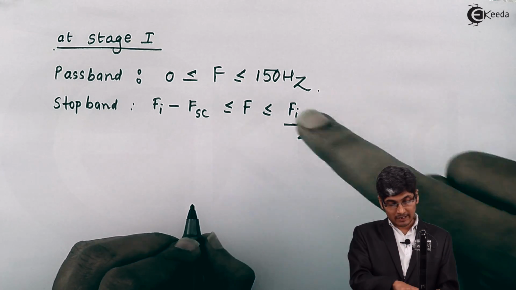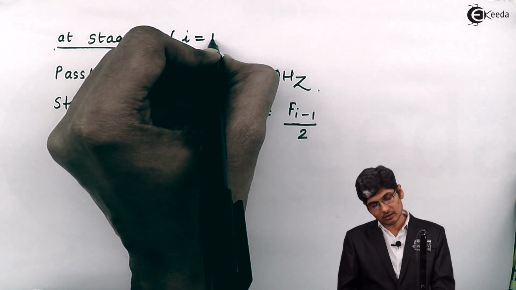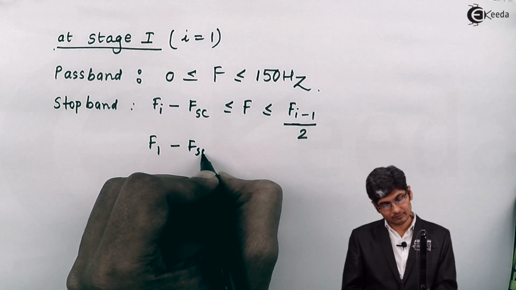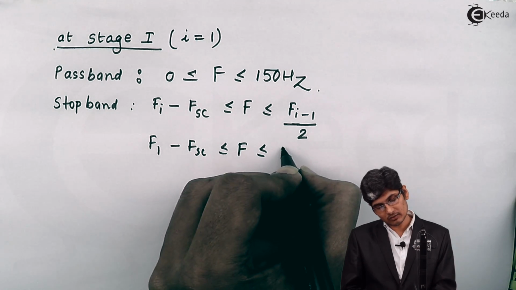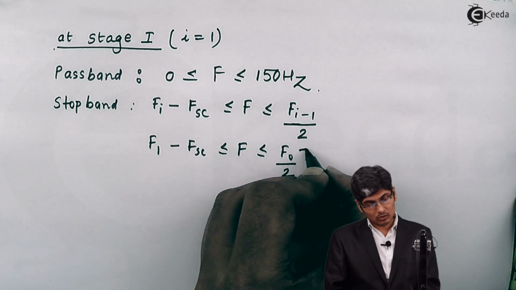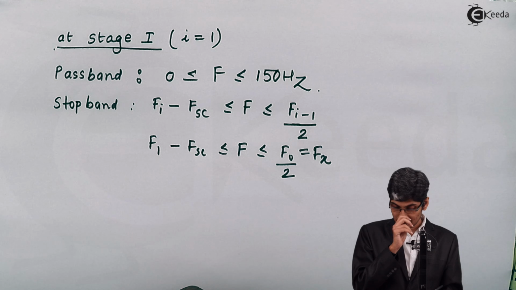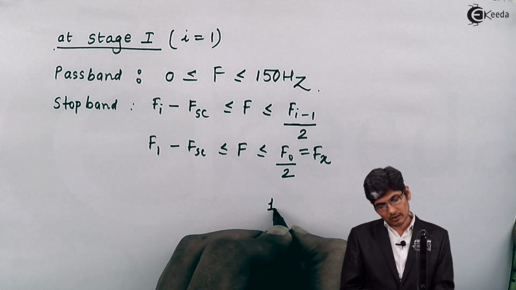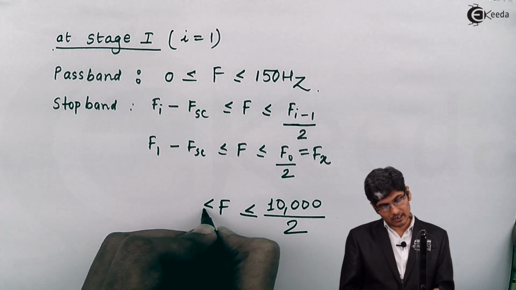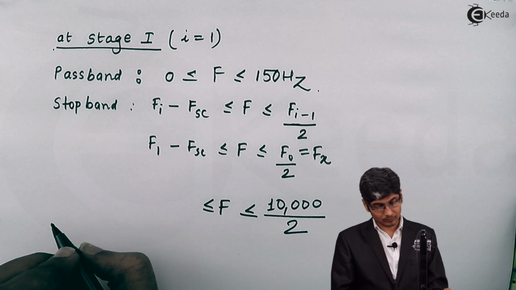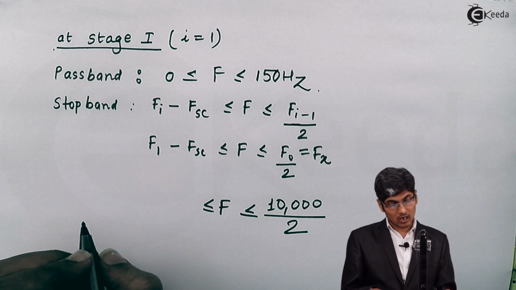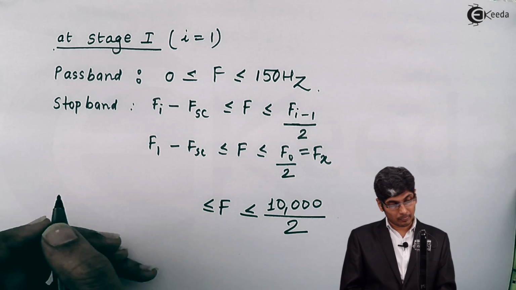For i equal to 1, at stage 1, this becomes F1 minus Fsc less than or equal to F less than or equal to F0 by 2. What is F0? F0 is nothing but Fx, that is the input. So F0 or Fx is 10,000 divided by 2. Now what is F1? F1, the sampling frequency at stage 1, will be 1000.